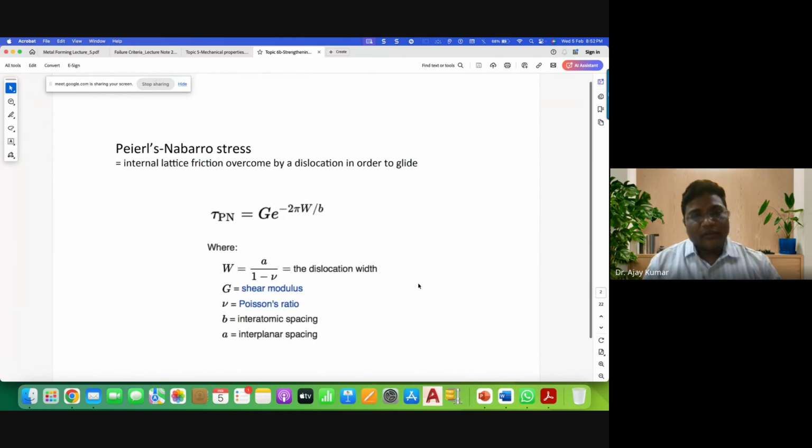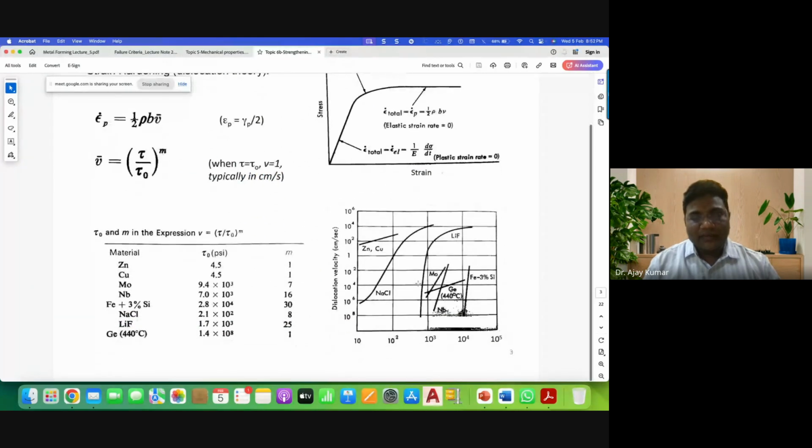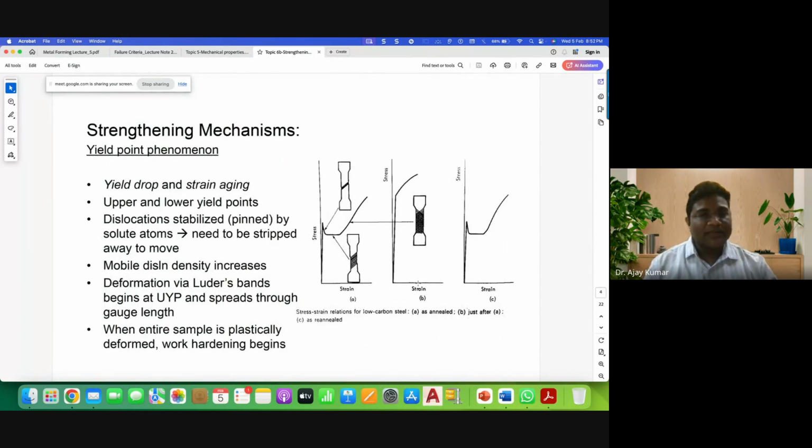Without going into detail because the time is limited, I will tell you the importance of these strengthening mechanisms. They explain the strengthening behavior in the material, and which strengthening mechanism is contributing to strengthening the material.